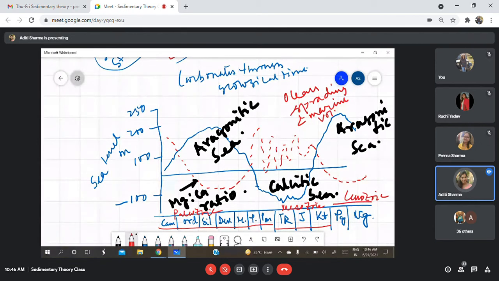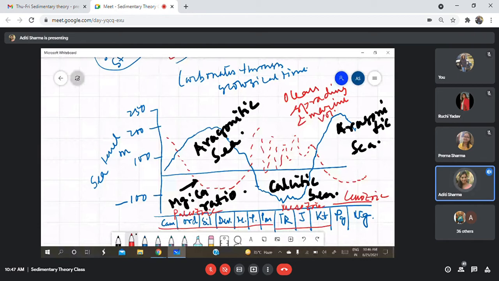This is the sea level and this is the Mg to Ca ratio. So if I make a scale of Mg to Ca ratio, I can see 1, 2, 3, 4, 5. The lowest Mg to Ca ratio is when more Mg is taken from the seawater for the serpentinization, and with the decrease in Mg you make a more favorable condition to get the aragonitic sea.